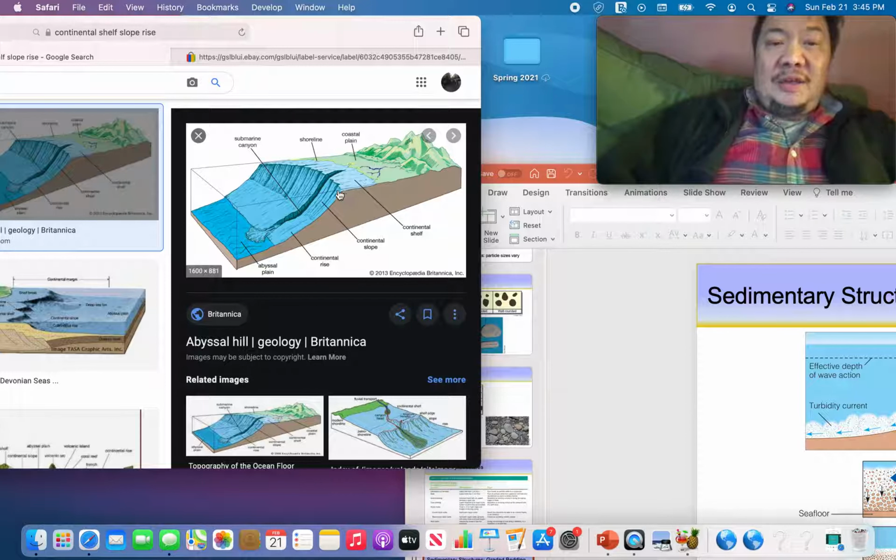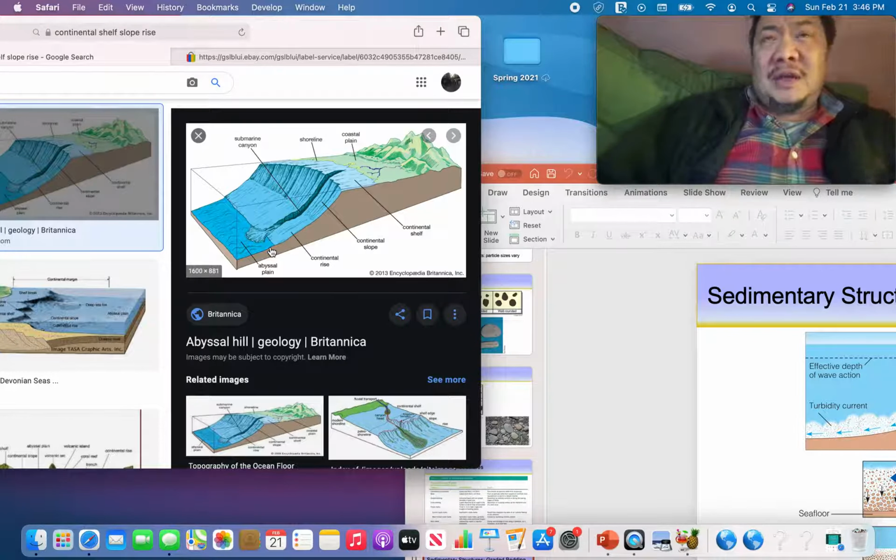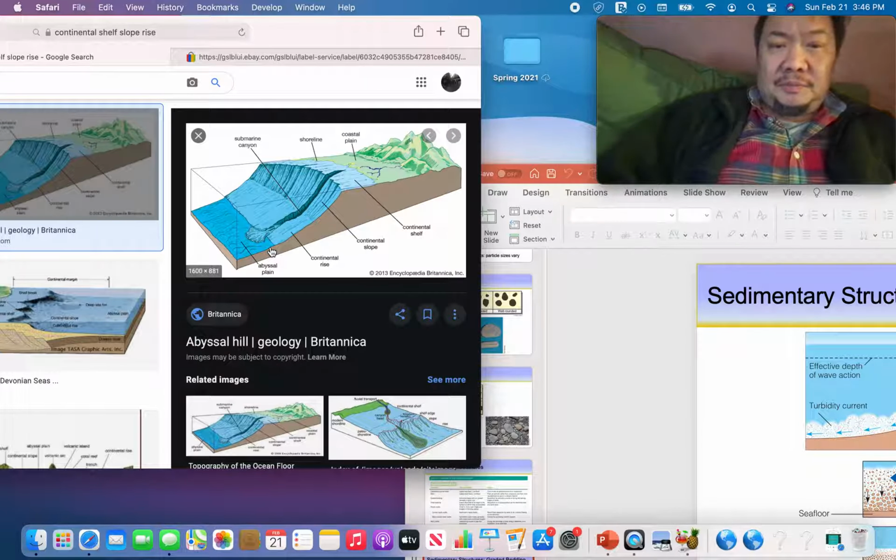Then you have the continental slope, and then this bump here at the base of the continental slope is called the continental rise. Once you go seaward of the continental rise, you're in the deep ocean, and that's called the abyssal plain. The abyssal plain can run for thousands of miles, and it's really flat. There's almost no topography. It's like Kansas, as flat as far as the eye can see.